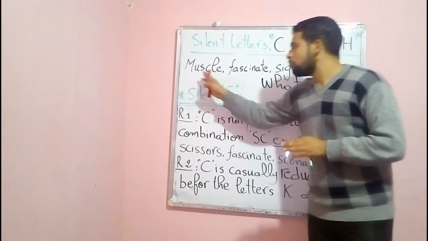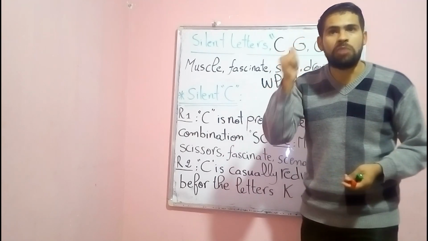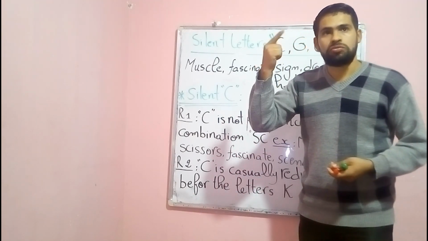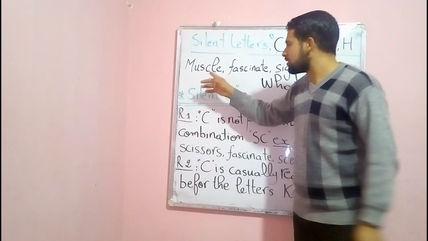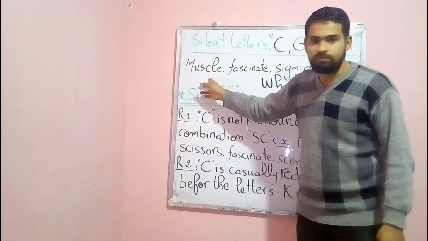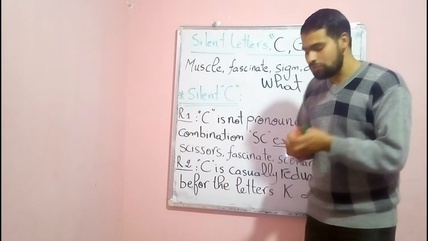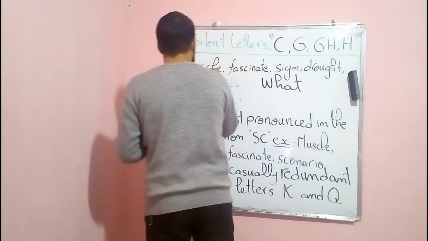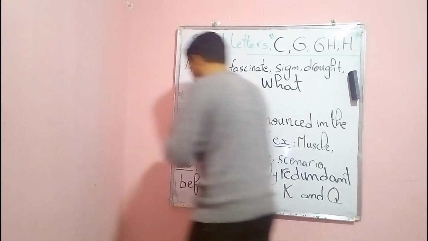Now, let me help you. When I say the word muscle, I hear the sound M, the sound S, the sound L. Did I hear the sound C? No. So if you answered yes, you are correct. So C here is not pronounced.